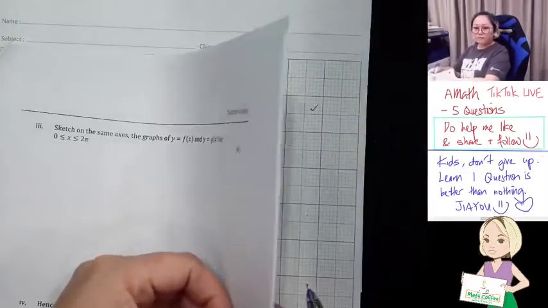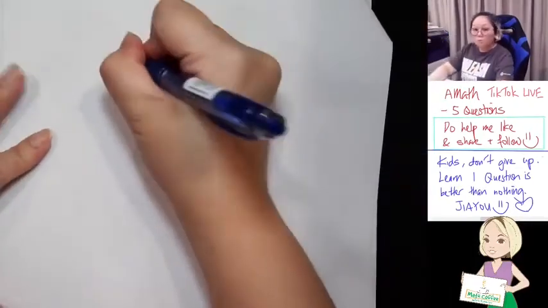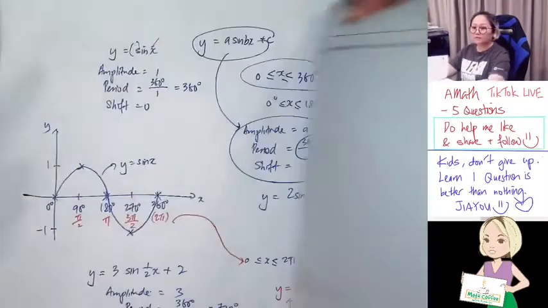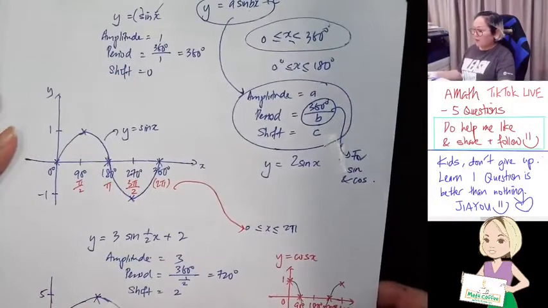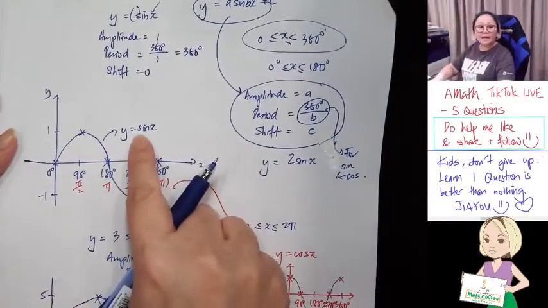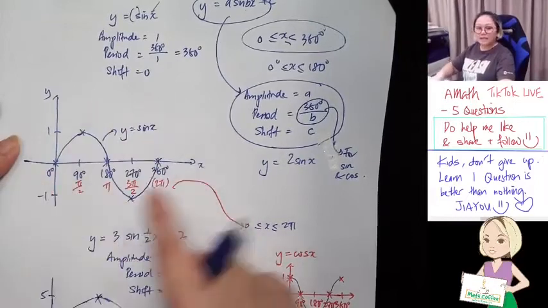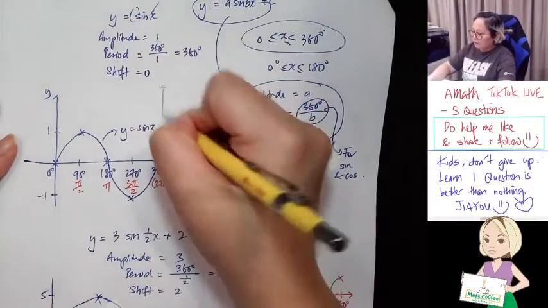Okay, so let's talk about the tangent graph. Okay, why? If the amplitude is negative, the graph is inverted. Yep, Samantha, good point. So what Samantha is saying is, if let's say I have y equals minus sine x, that means everything is the same except your sine graph no longer looks like that.